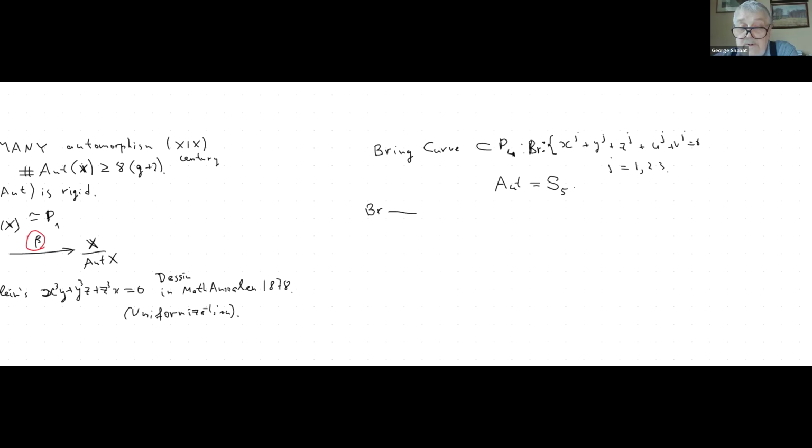Factorization not over S5 but over A5, for some reason, corresponds to quite a famous descent. Let's call it the spoiled icosahedron.